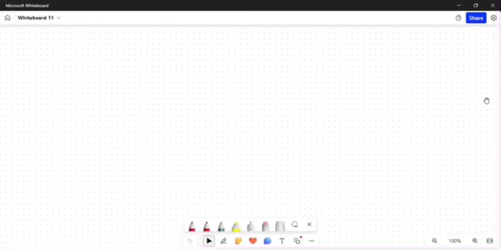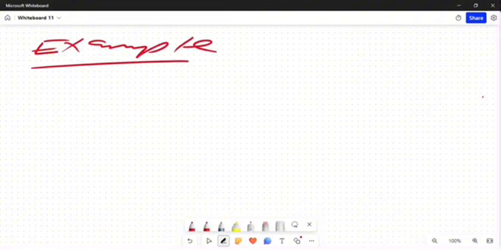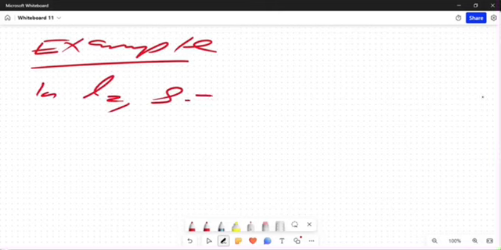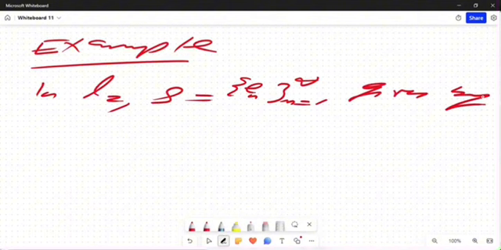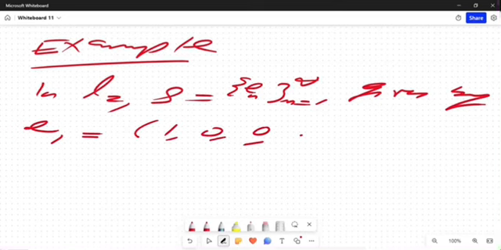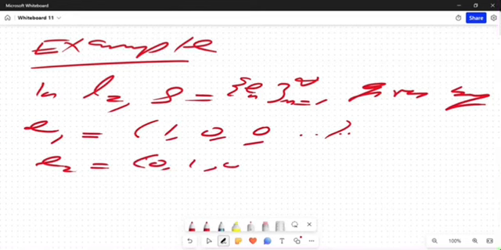Okay, so let's try to give some examples. Example: in L2, we have S to be the set of vectors e_n, which are infinite dimensional and given by e1 equals 1, 0, 0, and so on, infinite dimensional so it's not going to stop. e2 is 0, 1, 0, 0, and it will not stop.